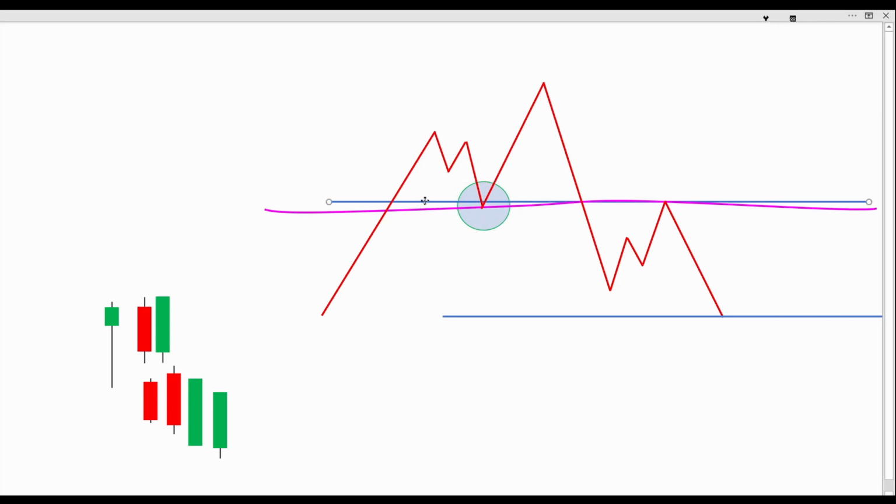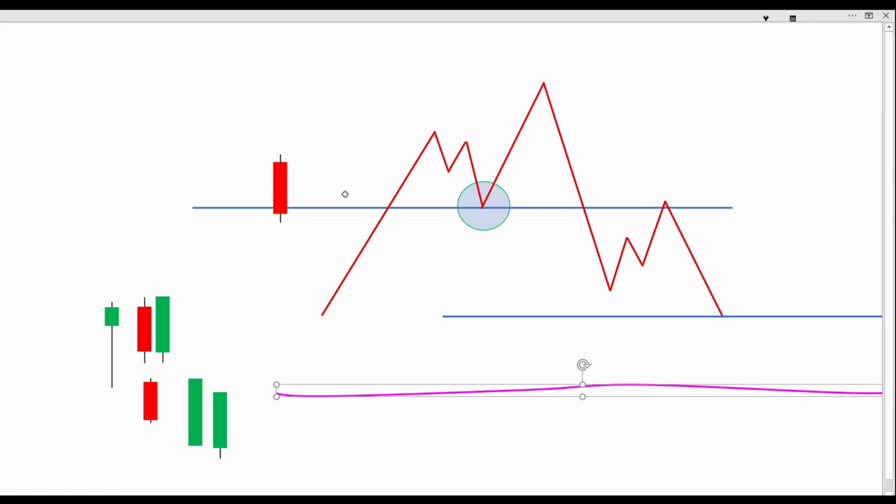And we have a nice support level and also an important moving average here, the 200 period moving average at this point. Let's imagine we're here at this point. So what we're going to look for is something like this.